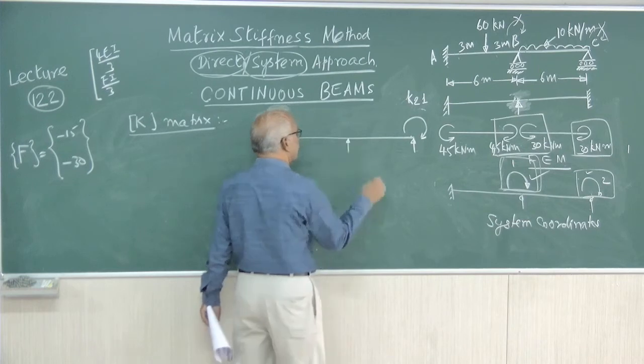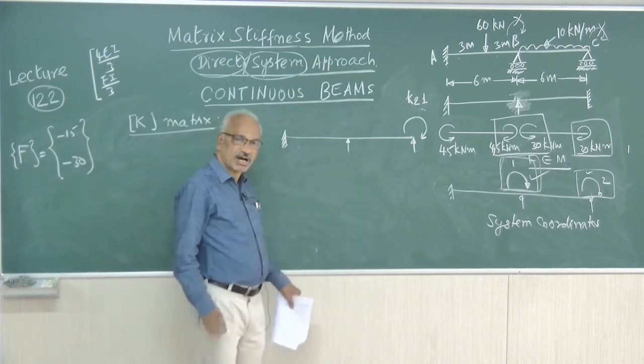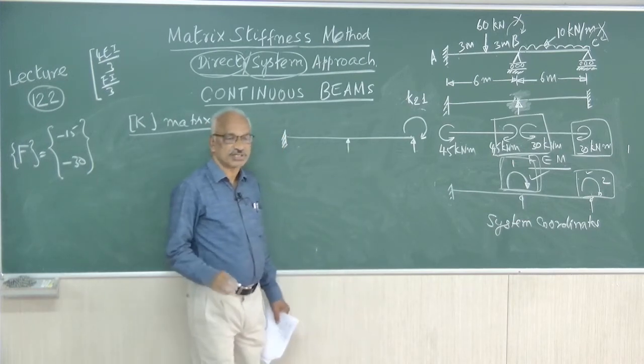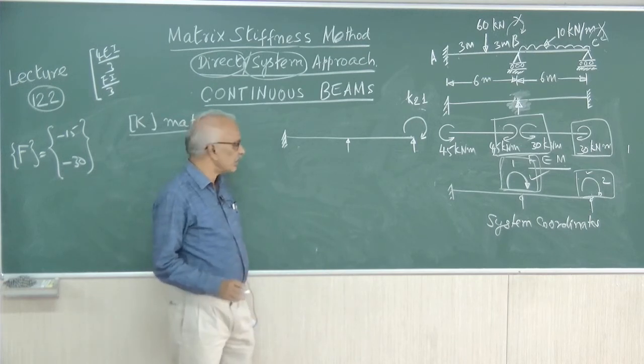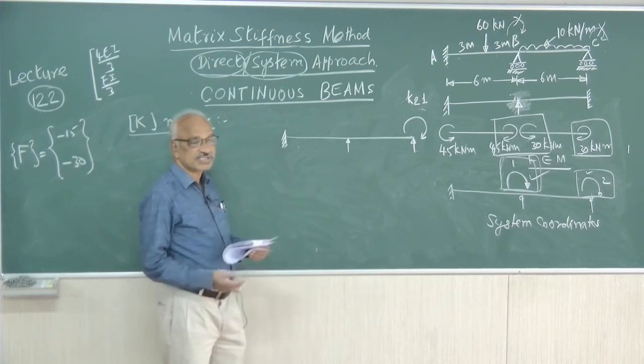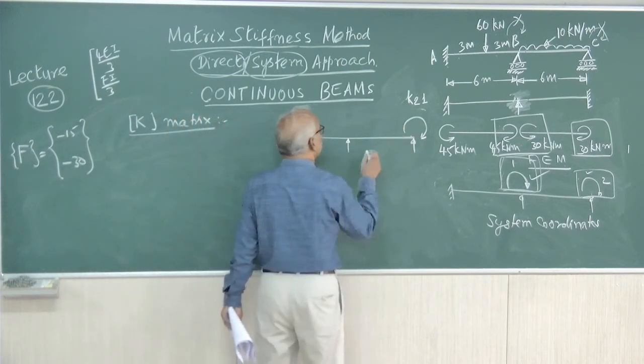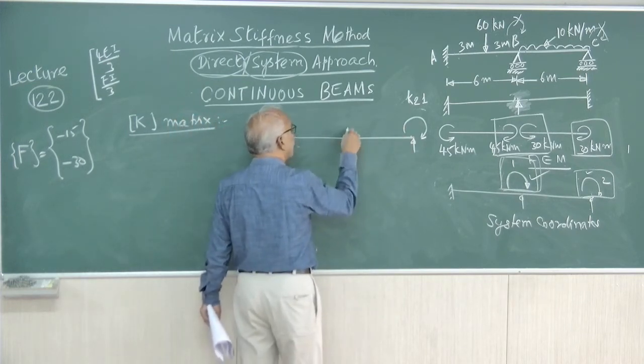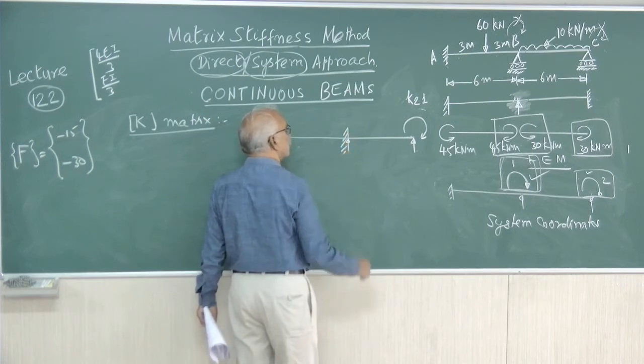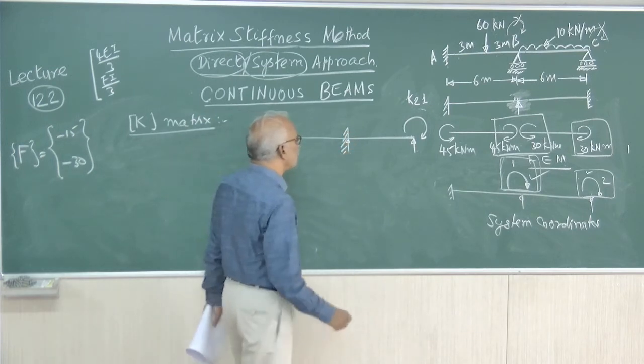This is already simply supported, so B will also undergo rotation, but according to the definition for stiffness coefficient, you have to apply only one displacement at a time. Therefore, this will be treated as fixed.